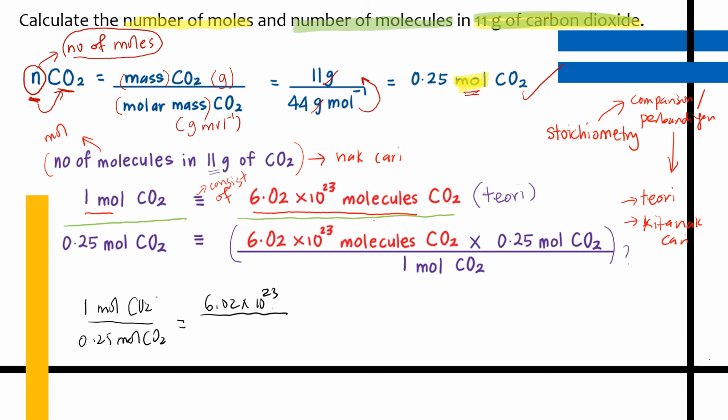Okay, jadi kalau 0.25 mol berapa? X. So in other words, sekarang kita nak cari X. So kalau awak nak cari X, matematik awak buat apa? Susun X sama dengan yang ni darabkan, so dia akan jadi 6.02 darab 10 kuasa 23 darab dengan 0.25, betul?